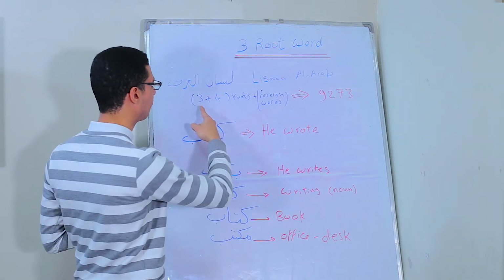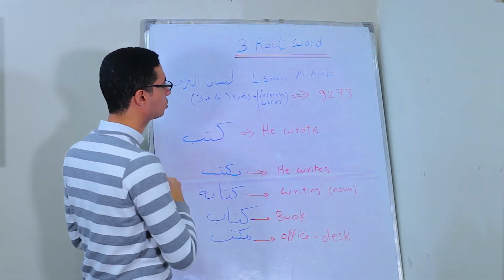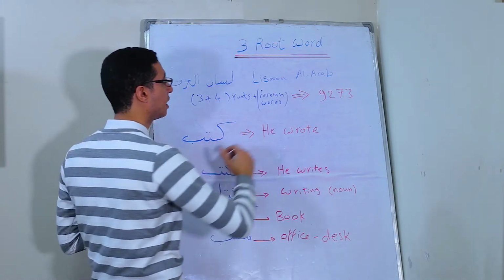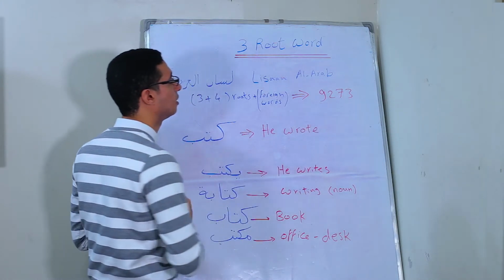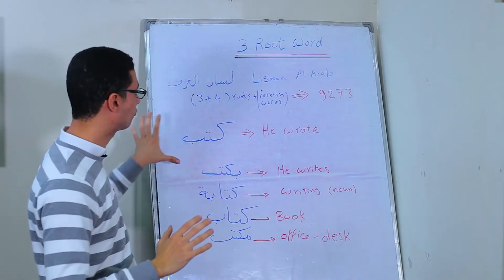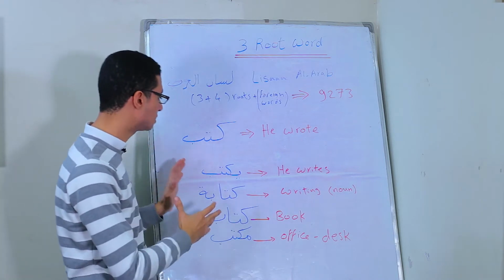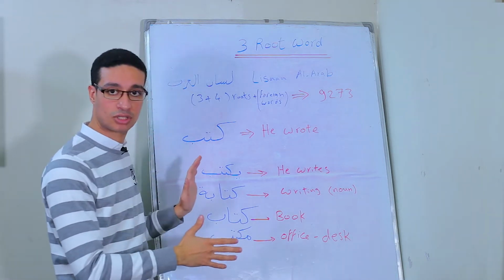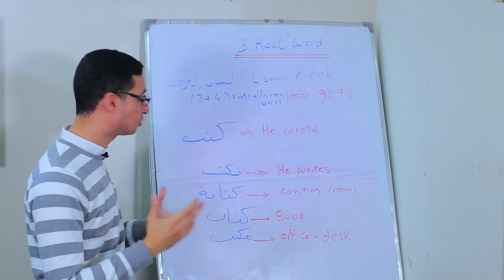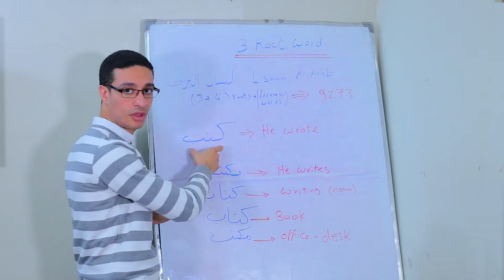And we found that the number of 3 and 4 letter roots plus the foreign words in this dictionary was 9,273 roots. Okay, and from one root you can derive and build a lot of words with different meanings, and presumably the meanings of these words are related to the root.